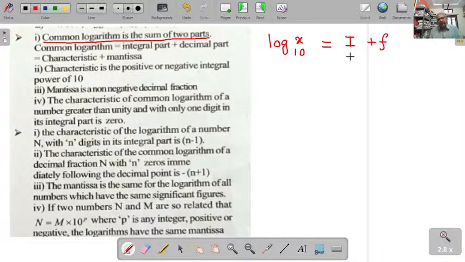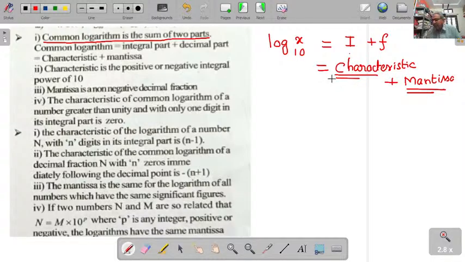The first part is called the characteristic, and the second part is called the mantissa. That means common logarithm is a sum of integral part plus decimal part. The integral part is called characteristic, whereas the fractional part is called mantissa.